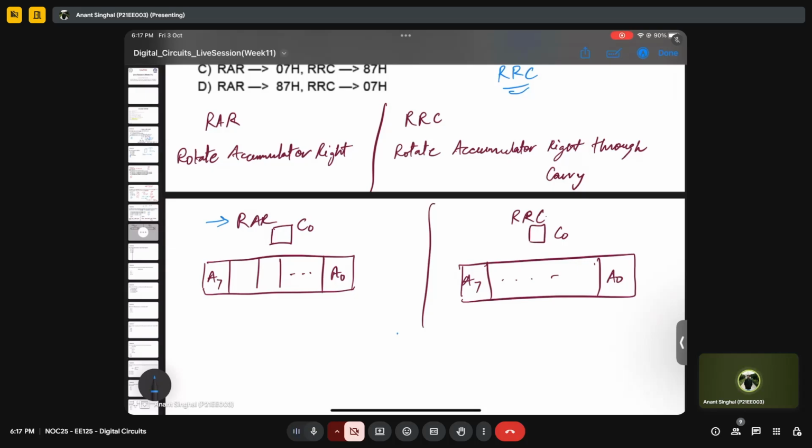Whatever is in A0 gets rotated here, and whatever is the content of C0 gets here. So basically this is the right rotation.